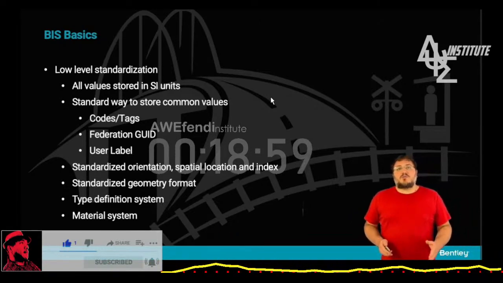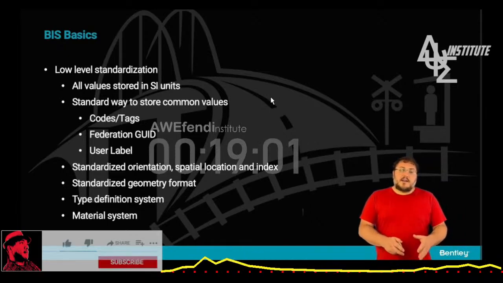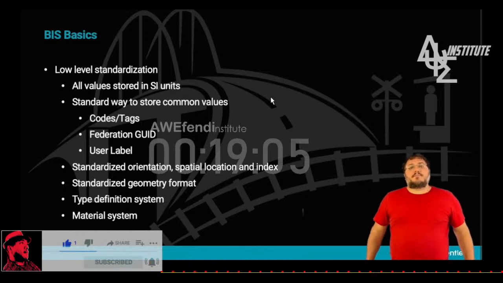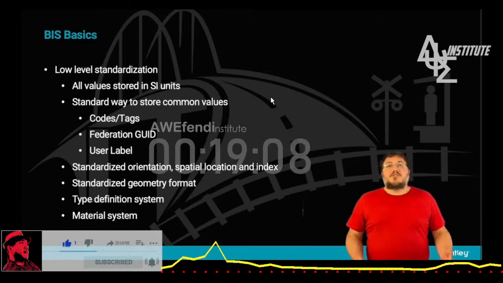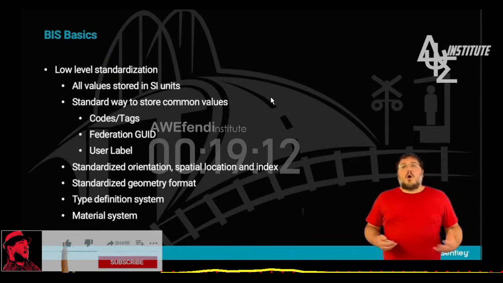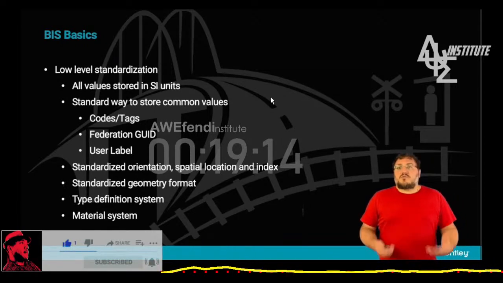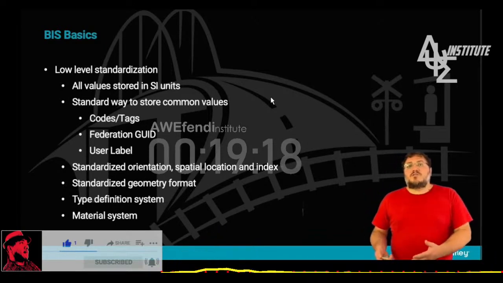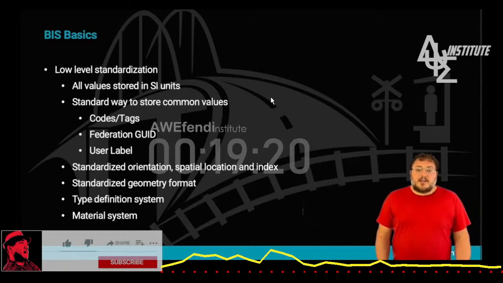This is a really powerful tool that comes out of the box that lets you federate an element with some external representation of that element. That's the federation GUID. Next, we have user label. This is really simple, but it's actually really important. This, along with the code, always gives you a user-friendly label to show when you click on a particular element.